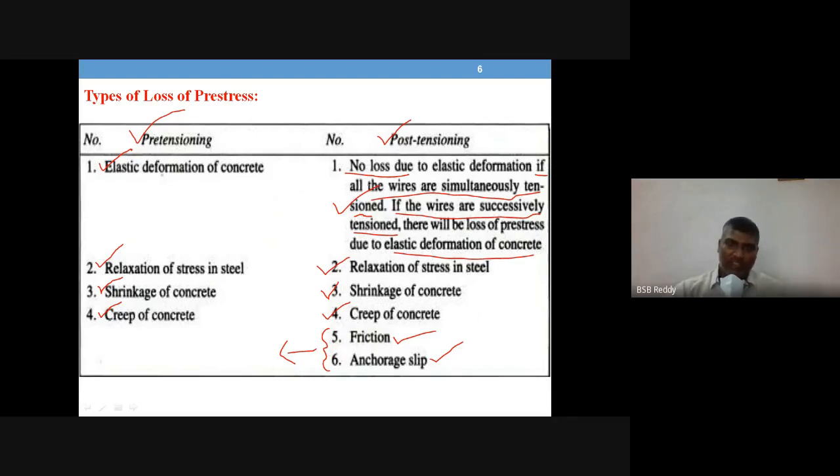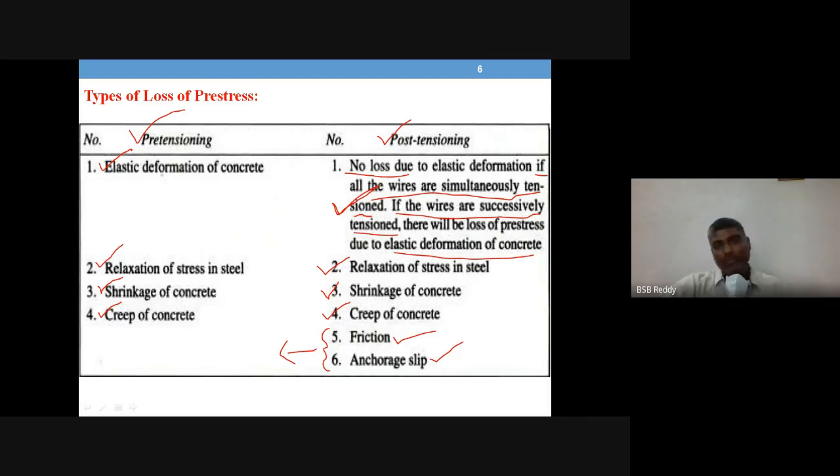So in post-tensioning, all six are present, and one is conditional: the first loss, elastic deformation of concrete, may or may not be present depending on a condition. But in pre-tensioning members, only four losses occur out of six. There won't be any frictional loss or anchorage slip loss.